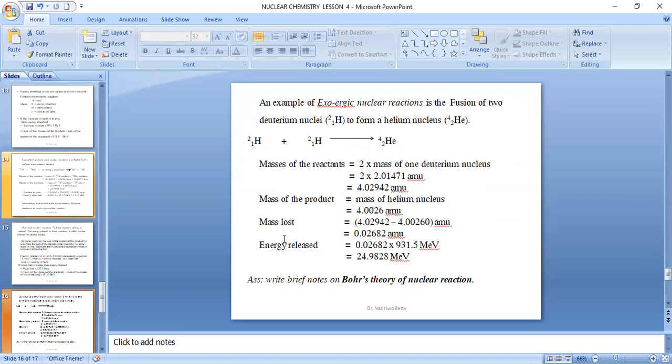Therefore, the mass lost is equal to the difference of the two masses, that is the mass of the reactants and the mass of the product, which is equal to 0.02682. Energy released is equal to this mass lost multiplied by 931.5, which is equal to 24.9828 MeV.